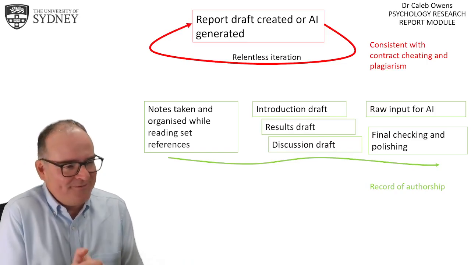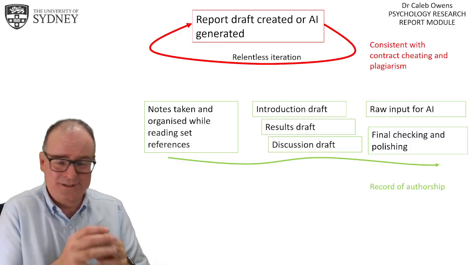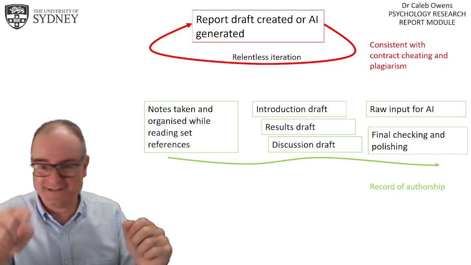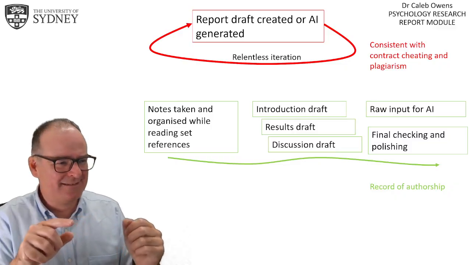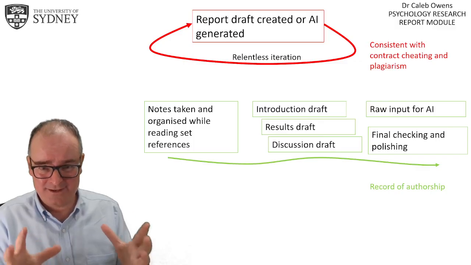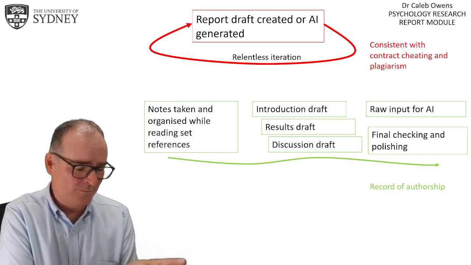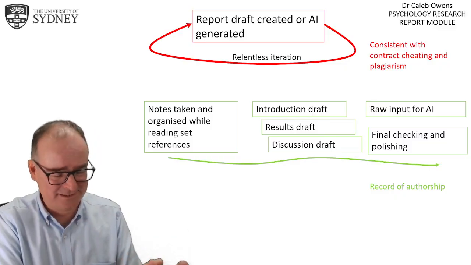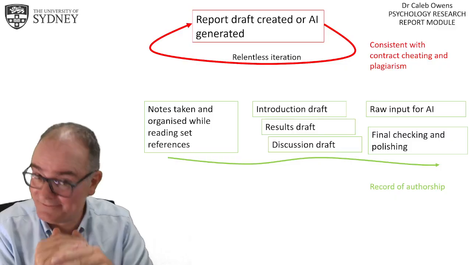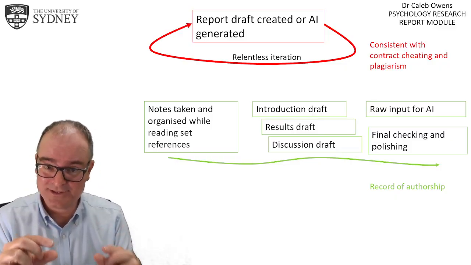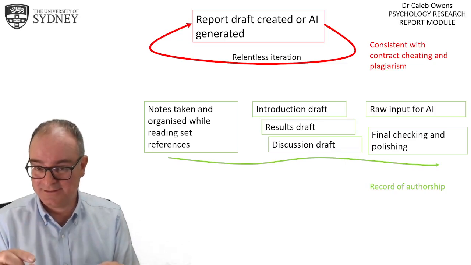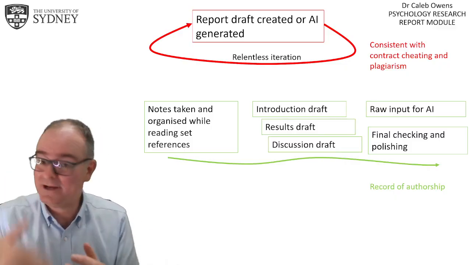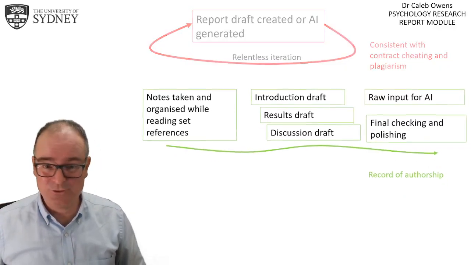So by this stage, hopefully I've convinced you that the old-fashioned way, where many of you might have written reports or essays or assignments with one blobby thing that you're just editing relentlessly, is far inferior to the method I've tried to promote for you, which is clear notes, thinking carefully about how past research relates to our research, drafting your introduction before you look at the results, completing the results section, which shouldn't take long at all, and then the discussion, and then keeping all that raw input the hell away from AI, and then maybe using AI for some final polishing if you want to.